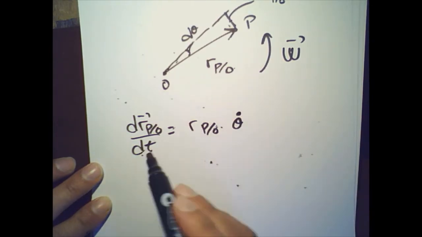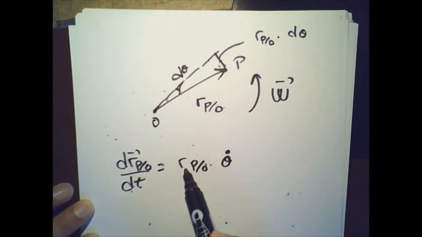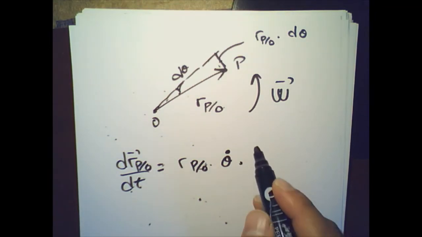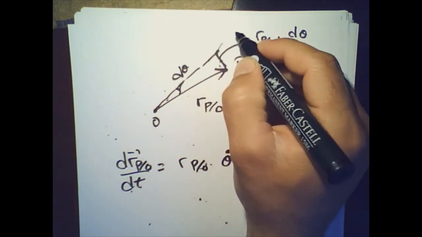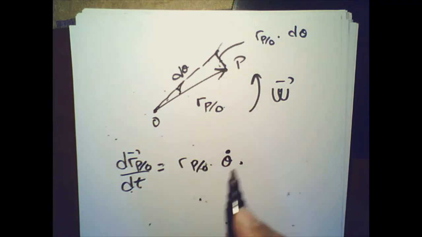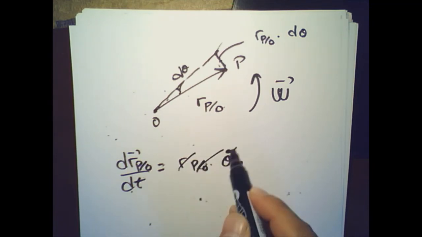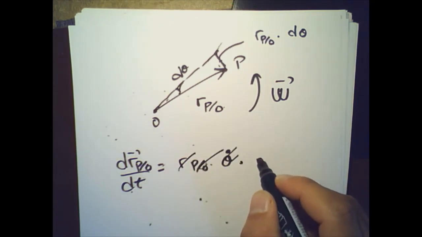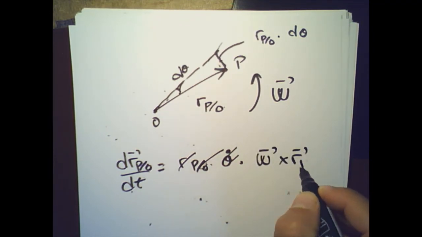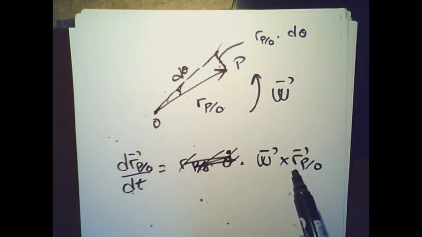So RPO times theta prime, but I still need to know a vector, right? So how would that vector look like? That vector is going to be along this direction, right? So how do you get this direction? So instead of doing RPO times theta prime, you can directly do omega cross RPO. So this actually is the derivative itself, and also it gives you the direction, right?